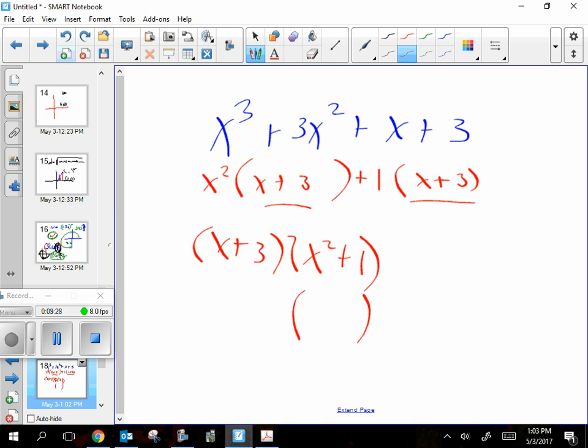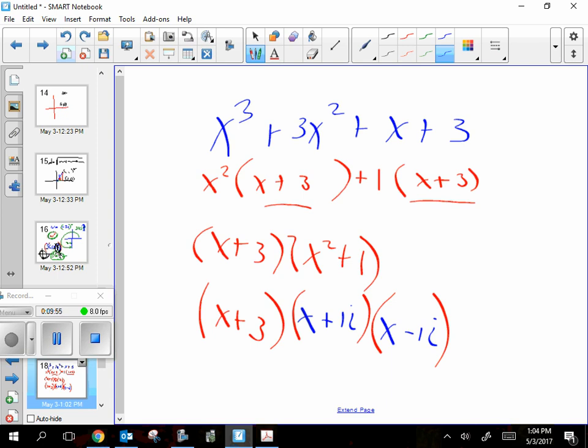That's correct, x plus 3 is as simple as it's going to get, but the other factor has to be factored over the complex numbers. And therefore, it's x, and then do you remember this deal? Plus and minus. And don't forget the square root of 1, which is just 1. i.